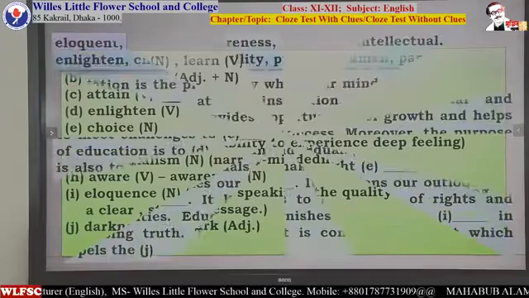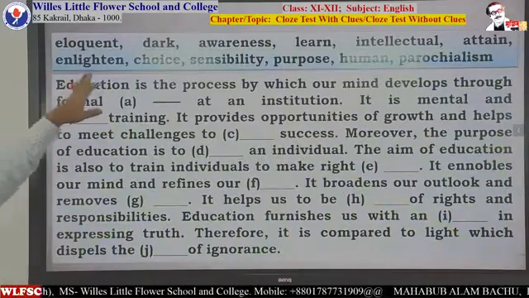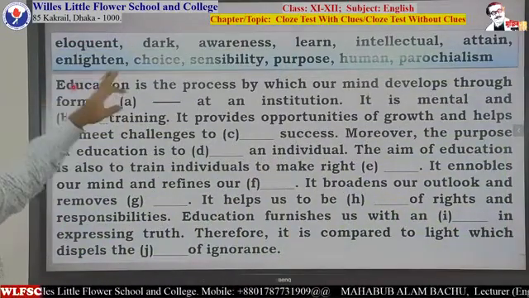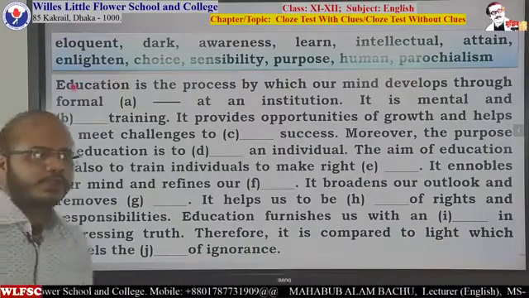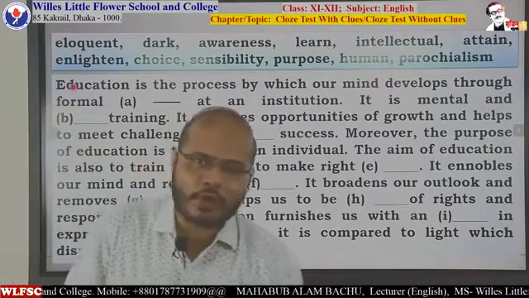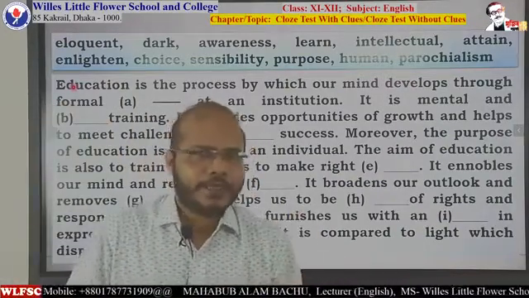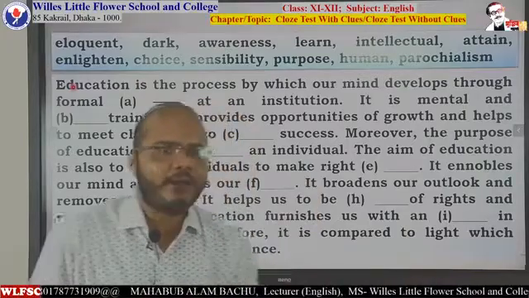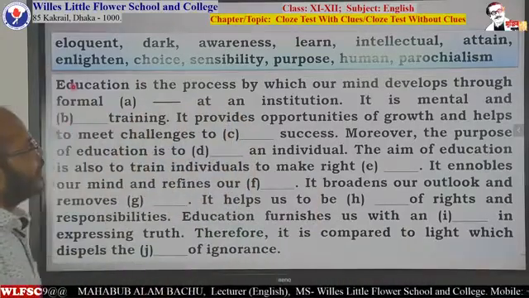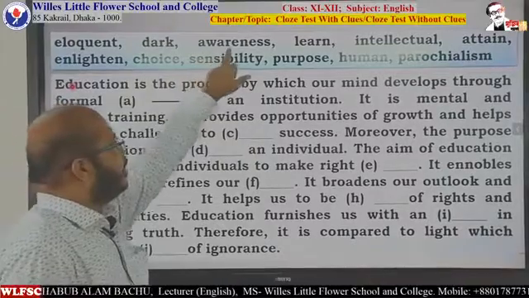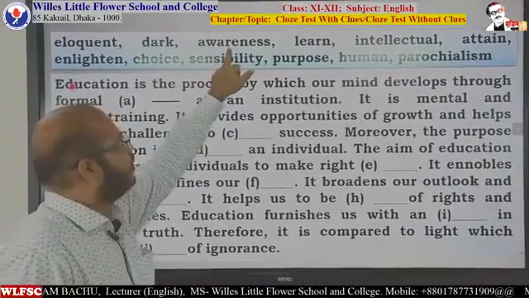And again go to the main screen. Dark, you know, dark is an adjective, and darkness is the noun form of dark. Awareness, aware, we get awareness from the verb aware.